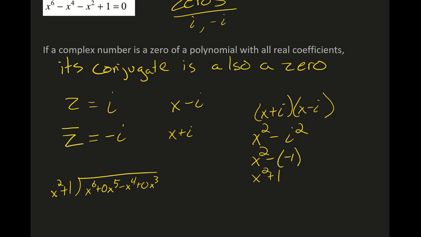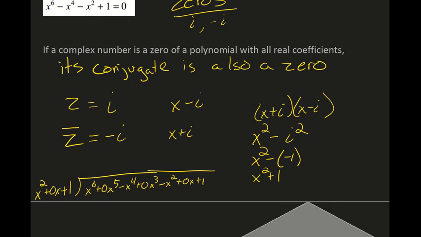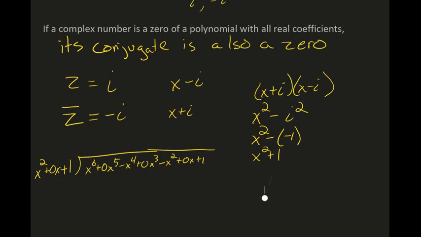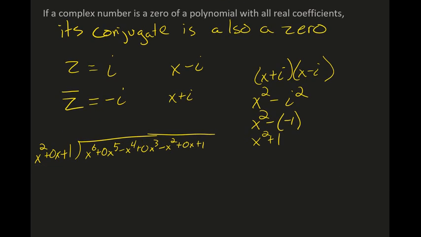If you would like, you can write this as x squared plus 0x plus 1. All right, so x to the 6th divided by x squared is x to the 4th.